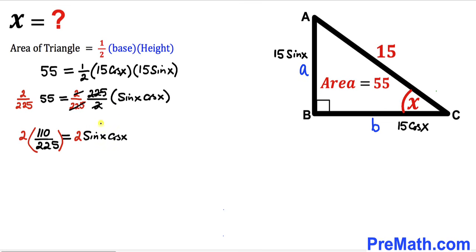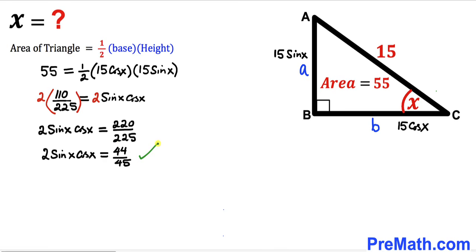So we can write 2 times sine of x times cosine of x equals 220 divided by 225. Now we can see 220 divided by 225 reduces to 44 divided by 45, as you can see in this next step.